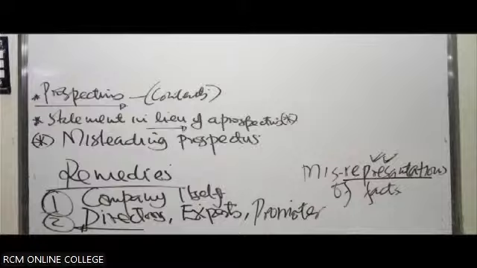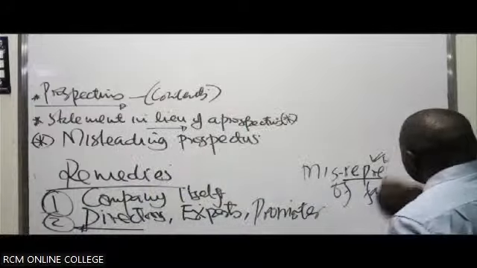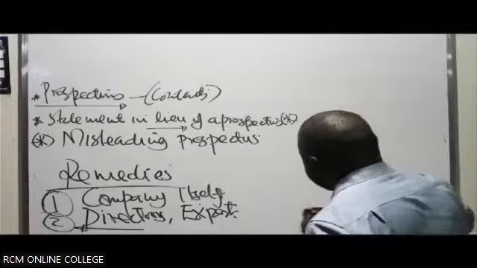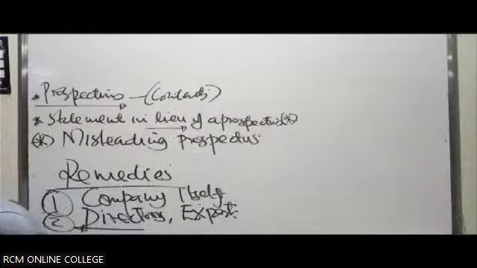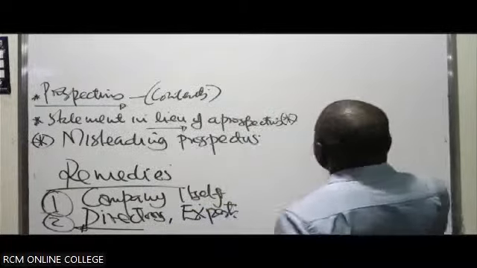So let us look at the remedies you'll be able to have against the company. The first remedy is what we call rescission, to avoid this contract of allotment of shares. So number one, he can resign the contract.